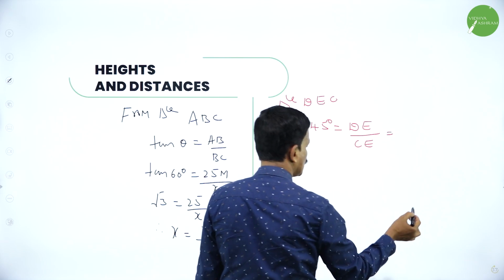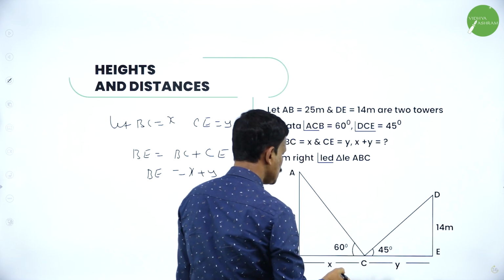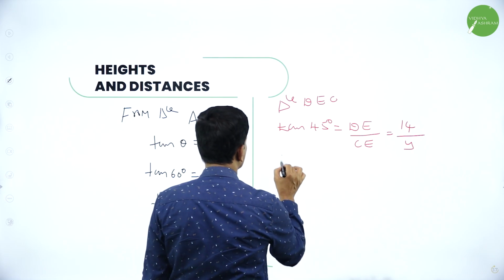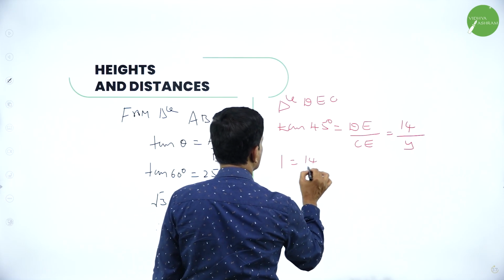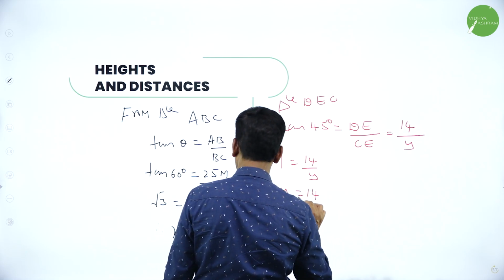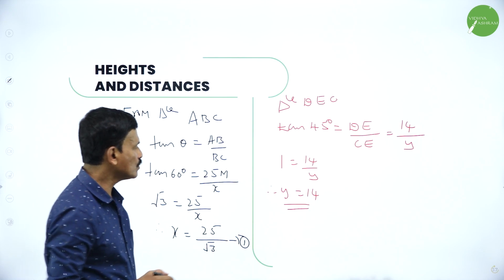DE is nothing but the height, that is 14, divided by CE. CE is nothing but Y. So, what is tan 45? 1 is equal to 14 by Y. Therefore, Y is equal to 14. Now, X is 25 by root 3 and Y is equal to 14.